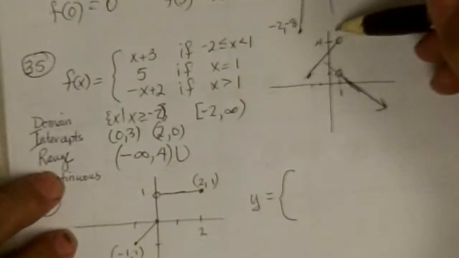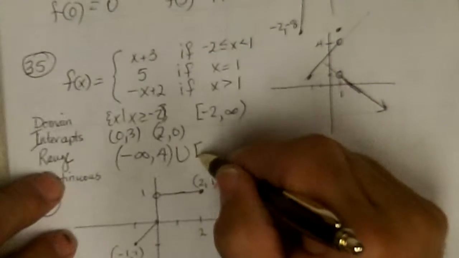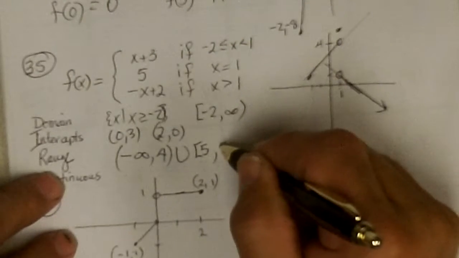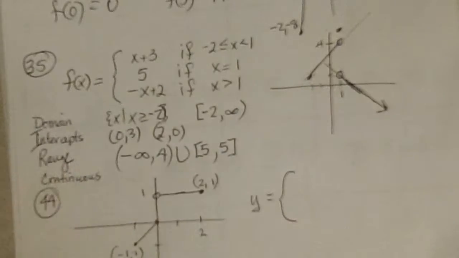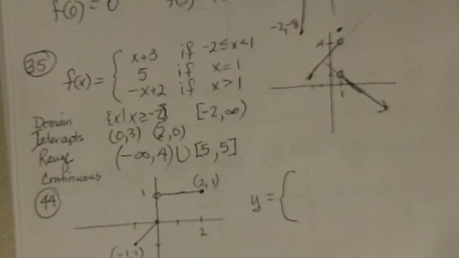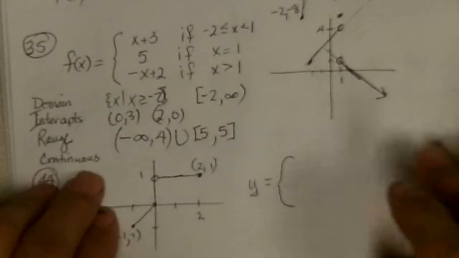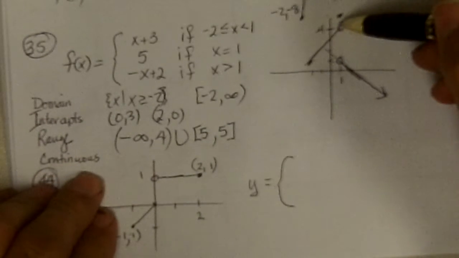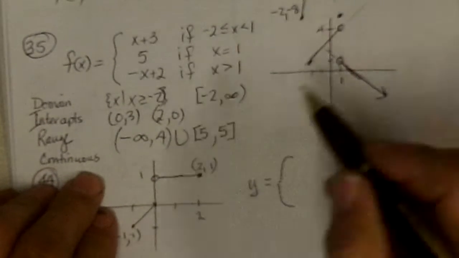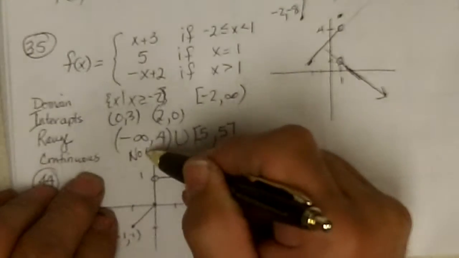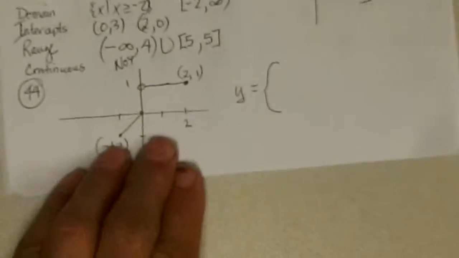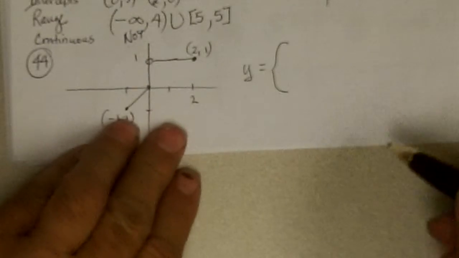Union, and then we got one more point here up at 5, so from 5 to 5, including the 5, which is only the 5. And is it continuous? No, it goes up here and it jumps, and then it jumps, and so it's not connected. It's not continuous.